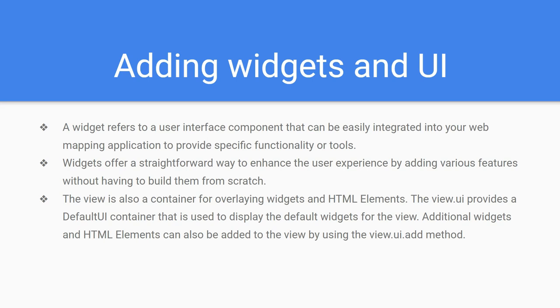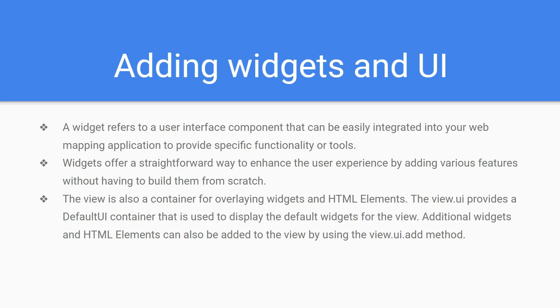We can take those tools, add them to our views, and use them in our web mapping applications. If you want to build a custom widget, you can create separate HTML elements, then add them to the widget.